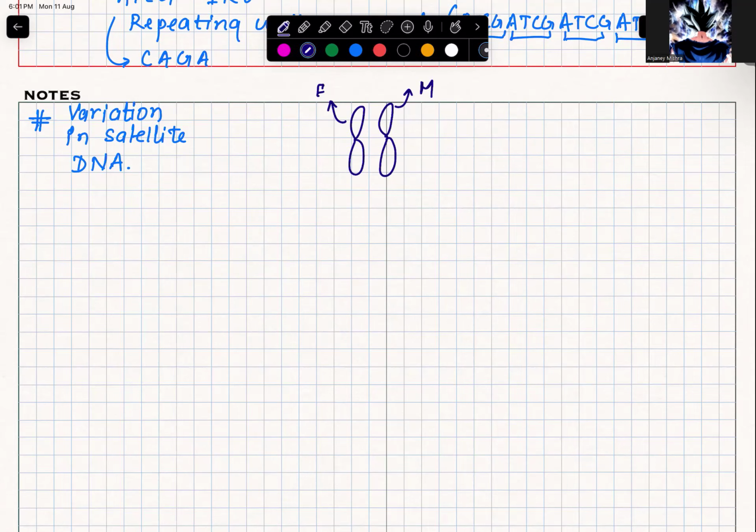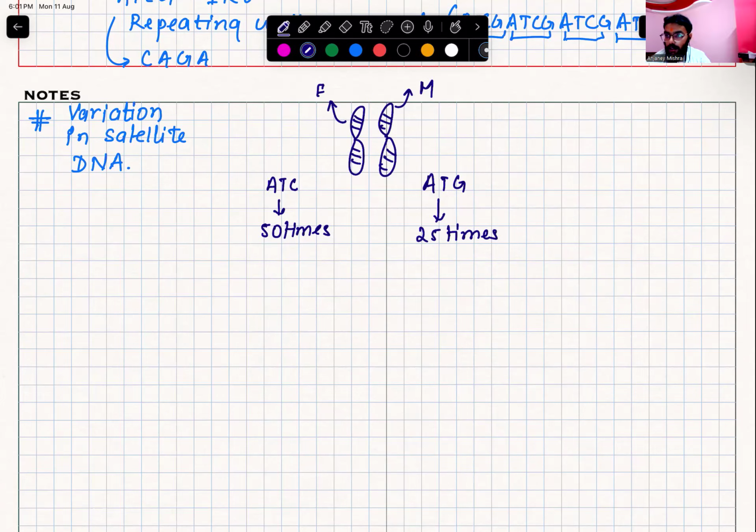In the father's fifth chromosome, the repeat was, let's say, ATC, and it was getting repeated, let's say, 50 times. And in the mother's chromosome, the repeat was ATG and it was getting repeated 25 times. Is that okay? Yes, sir.